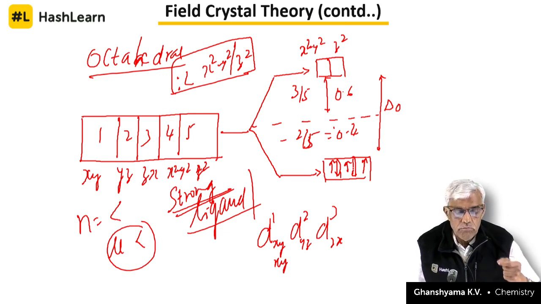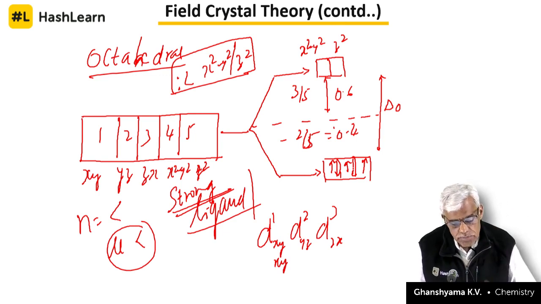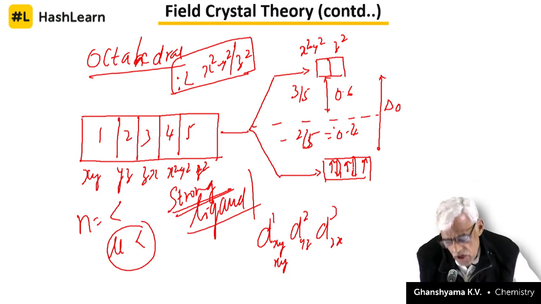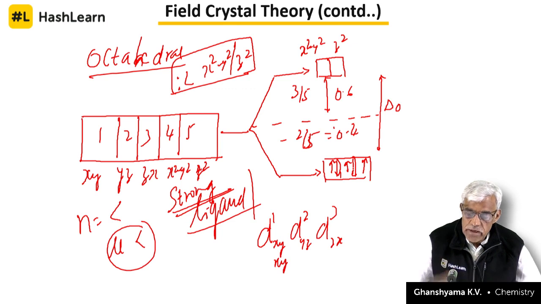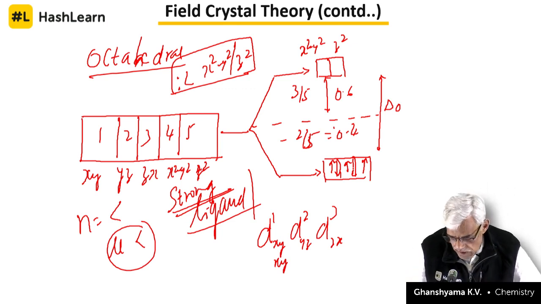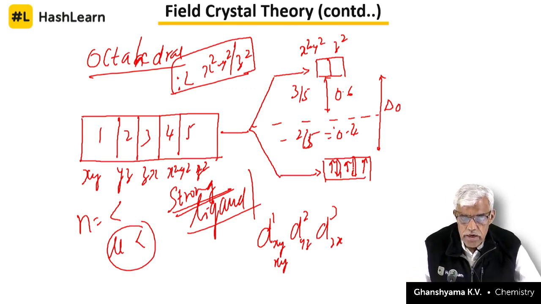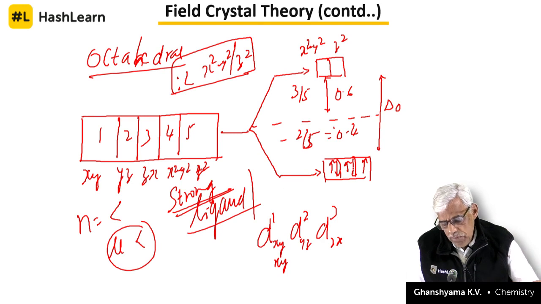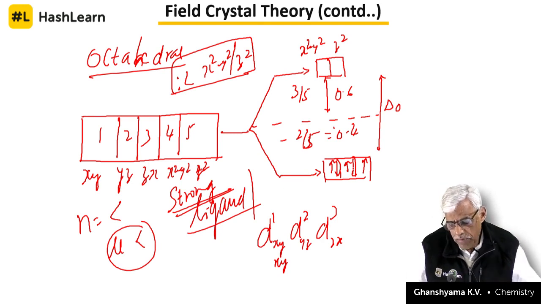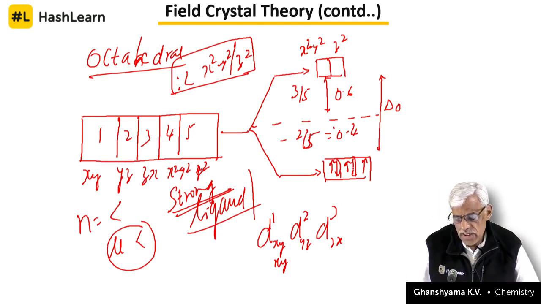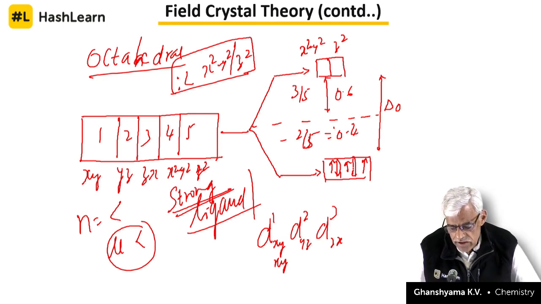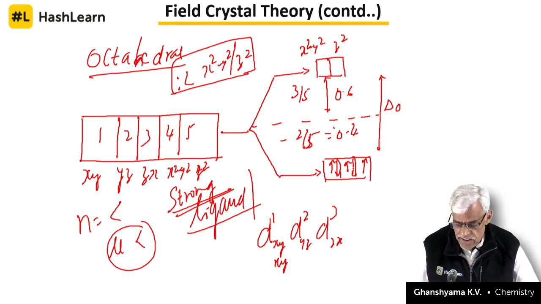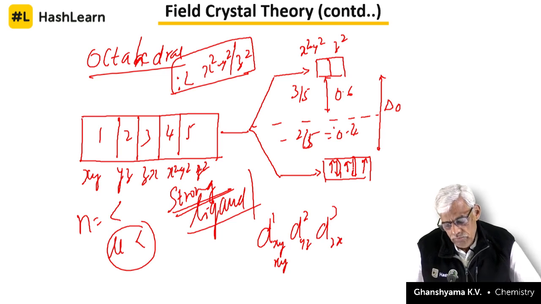So, crystal field theory explains the losing of degeneracy in the d orbital and how exactly the electrons are filled into the d subshell. Up to 1, 2, 3, no problem: xy, yz, zx each will have 1 electron. The problem arises with the 4th electron.